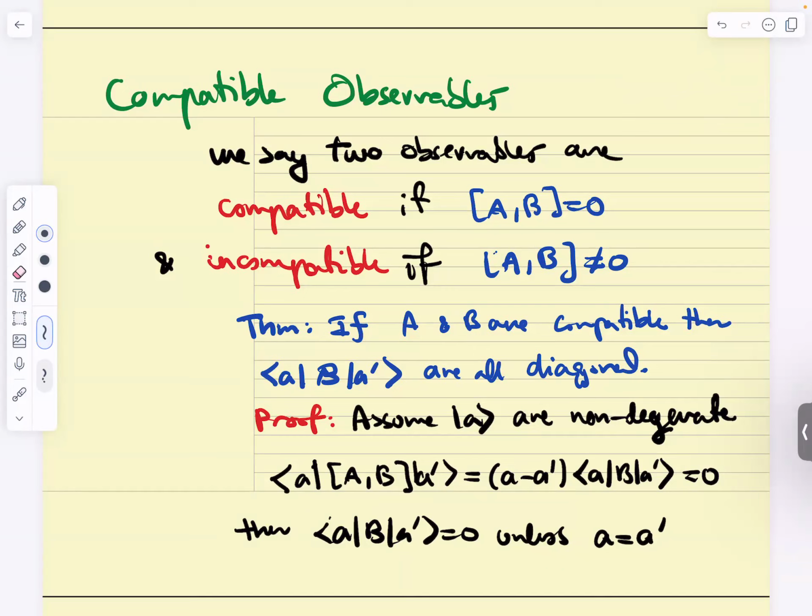The commutation relation. What is the commutator of S_x and S_y? Anyone? What was it? It was i h bar.